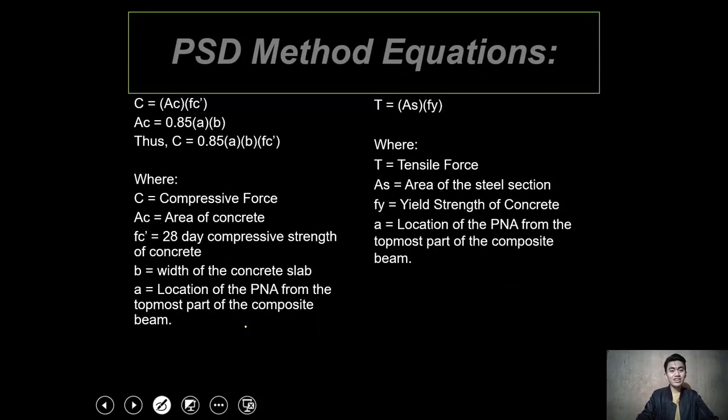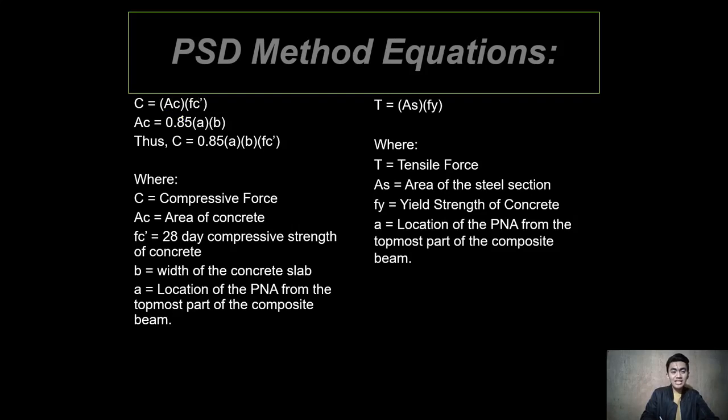Our next slide here is the plastic stress distribution method equations. As I've said, we have here your equations for the compressive force and then your tensile force. When we talk about your compressive force, that is just the area of your concrete multiplied by Fc prime. However, how are we going to represent A sub C?